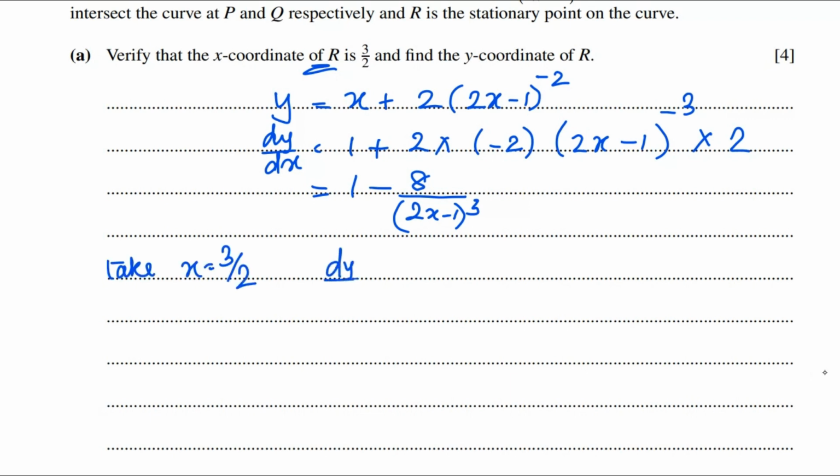So dy/dx is 1 minus 8 divided by (2 times 3 over 2 minus 1) the whole cube. So 2 and 2 get cancelled. 3 minus 1 will be 2. 2 cube is 8. So 8 divided by 8 is 1. So 1 minus 1 is 0.